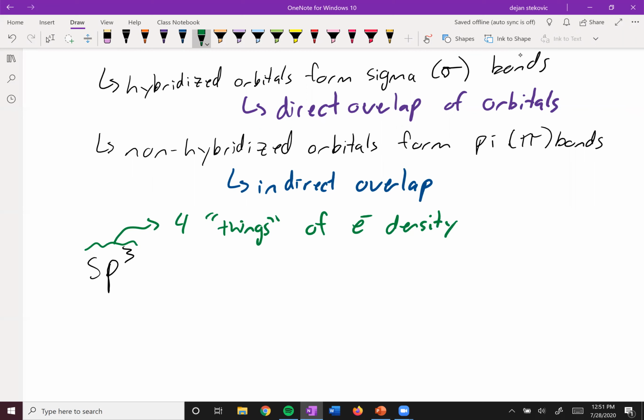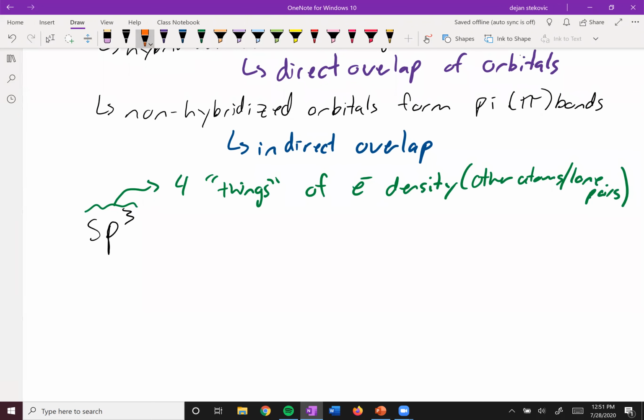These can be other atoms or lone pairs. And again, the sp3 also tells you that it's hybridization of one s orbital and three p orbitals.